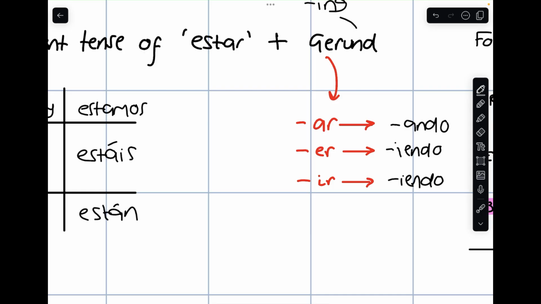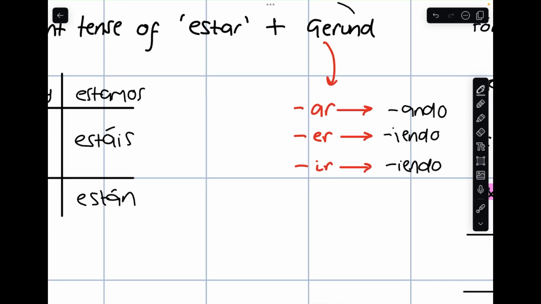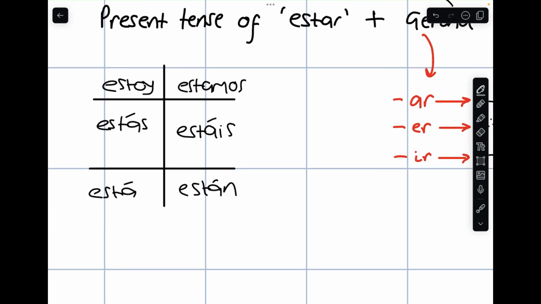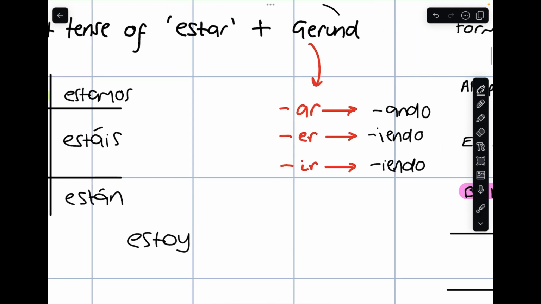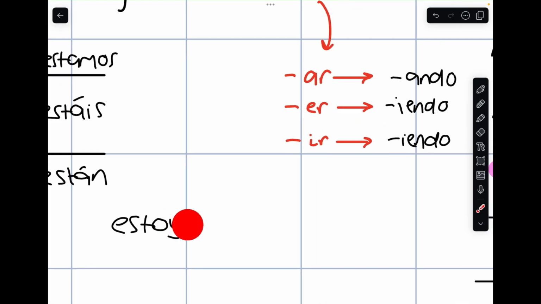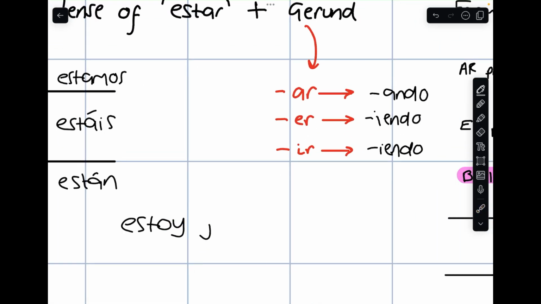So if I wanted to say I am playing, I would take the I form of estar in the present tense, which is estoy. And jugar is an AR verb, so I take off the AR and add on ando. So we get jugando. I am playing, estoy jugando.